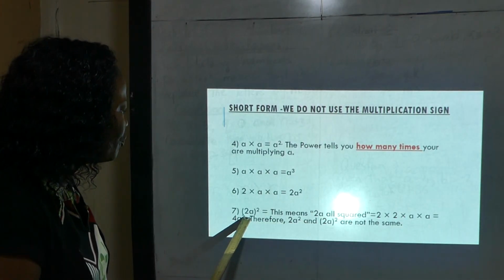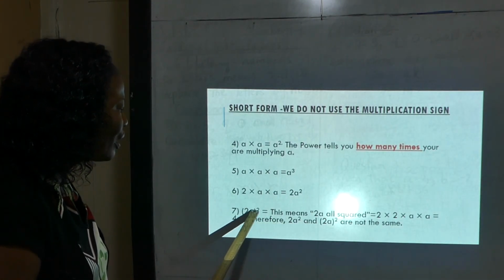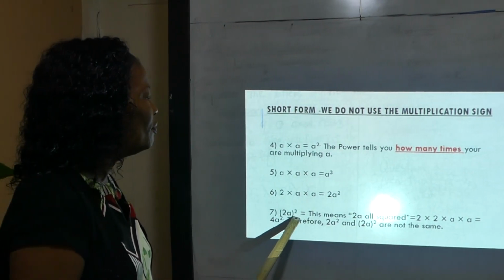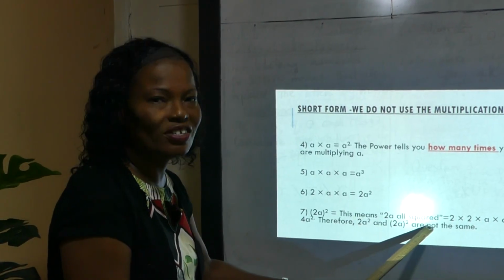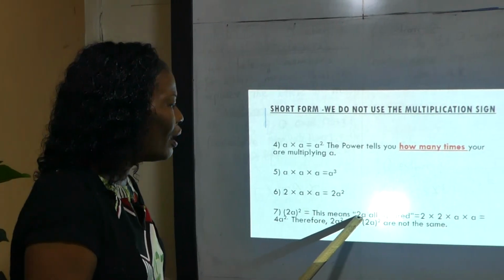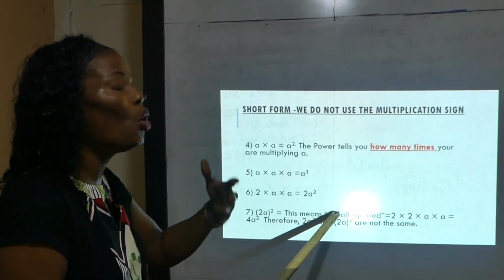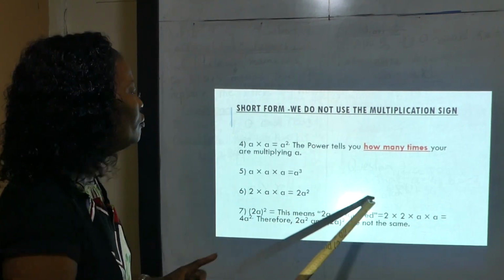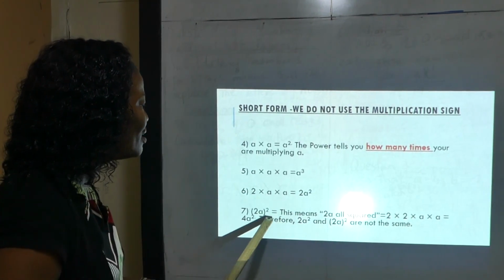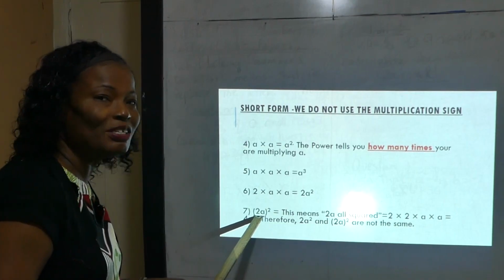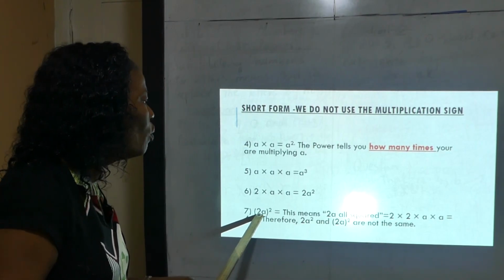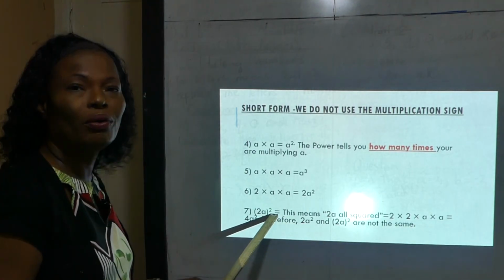However, look at the difference now. There is a bracket around 2A raised to the second power. This means 2A all squared. So when you hear in future I say 2A all squared, you have to think brackets. Good? So it means that everything in this house, let's pretend that the bracket is your home, everybody inside your home is raised to the second power.